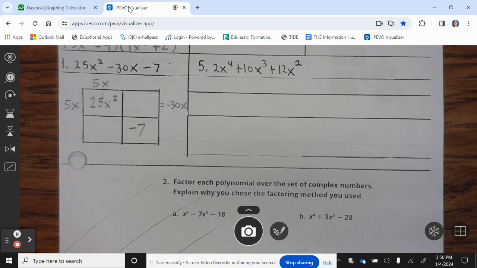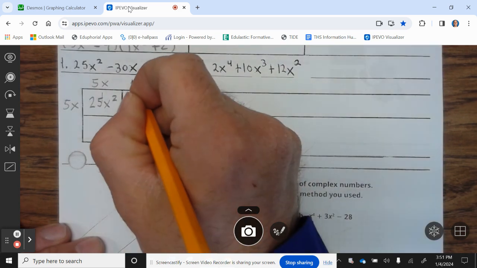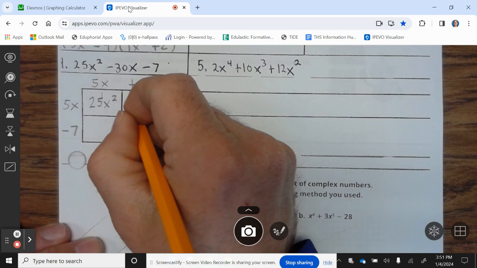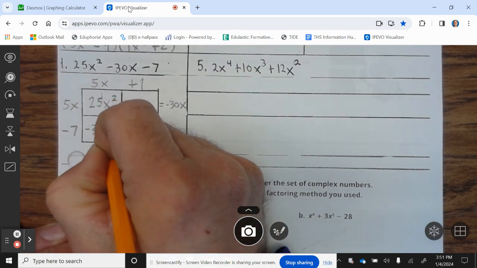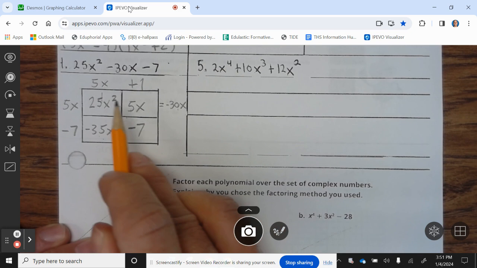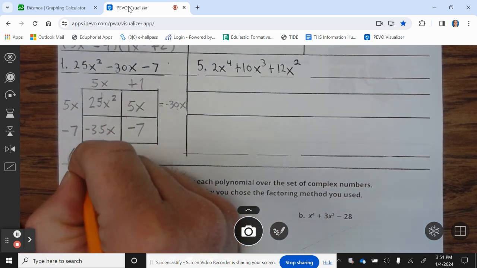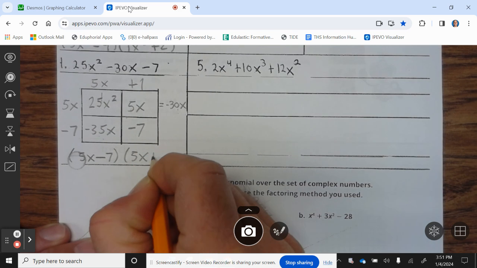So now let's try a positive 1 and a negative 7. So 5x times 1 is 5x. Negative 7 times 5x is negative 35x. This combines to be negative 30x. So then our factors are 5x minus 7 times 5x plus 1.